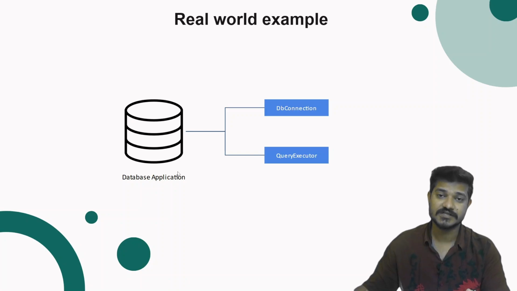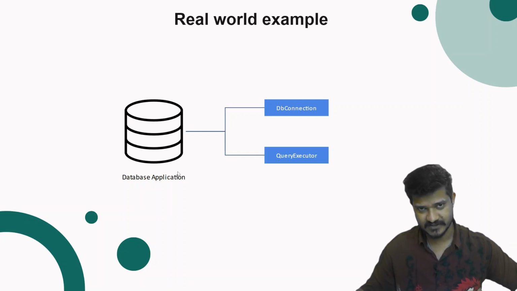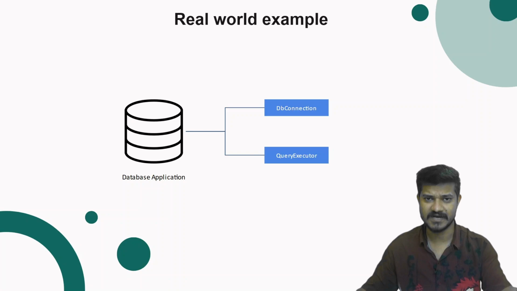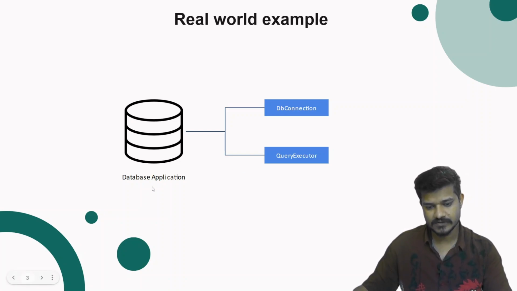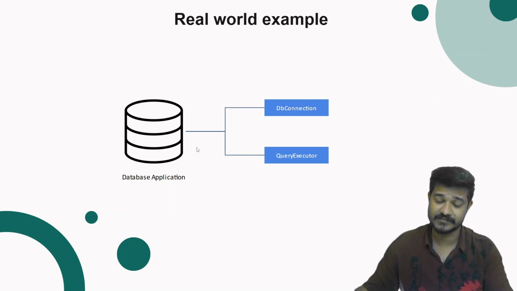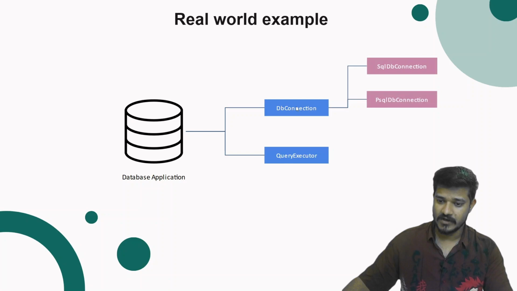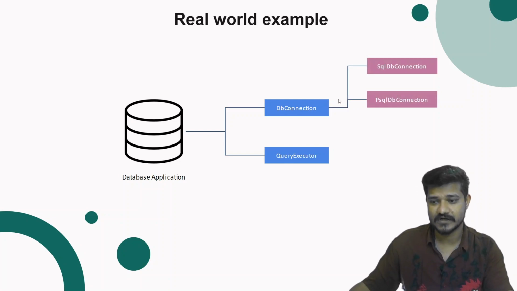Now, your application supports multiple kinds of databases like PostgreSQL, MySQL, SQLite, right? Things like that. So DB application supports multiple kind of database. That means there will be different kind of database connections and different kind of database query executors. For example, let's take an example of two different connections.